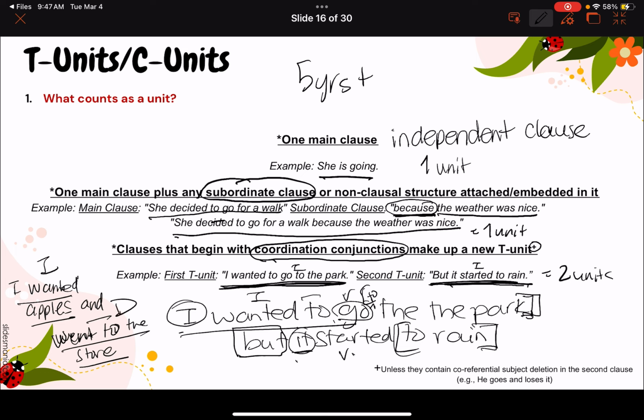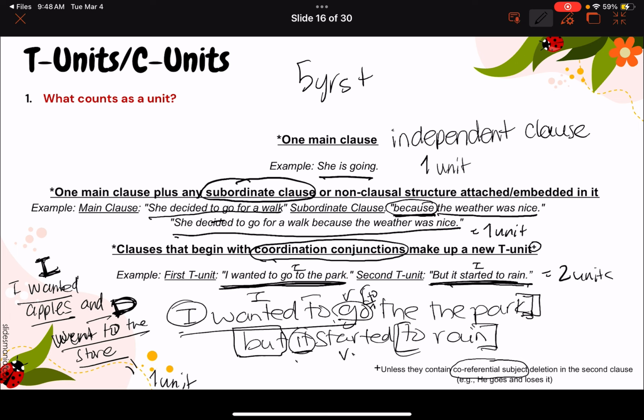So dependent and independent. That is your co-referential subject because I eliminated the subject. So, I wanted apples and I went to the store. I is the subject. I eliminate the subject, making this second phrase a dependent clause, and the first one an independent clause, meaning that this would only equal 1 unit.